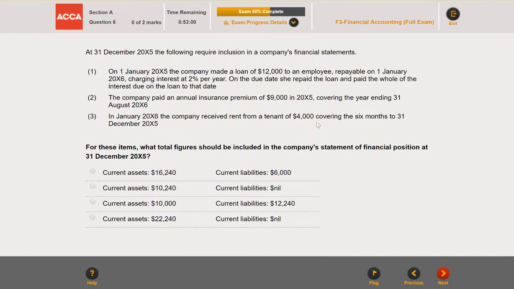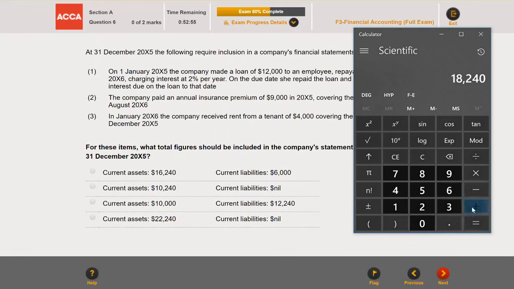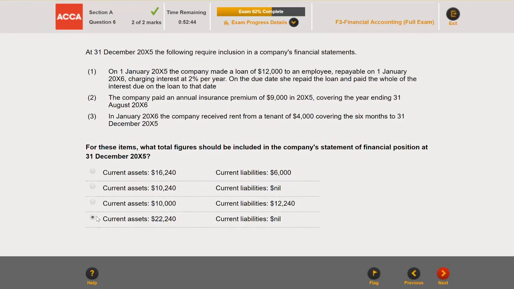So this whole thing was receivable. So we add that to our amount. So it becomes 22,240. 22,240 is current asset and there is no liability in this question.